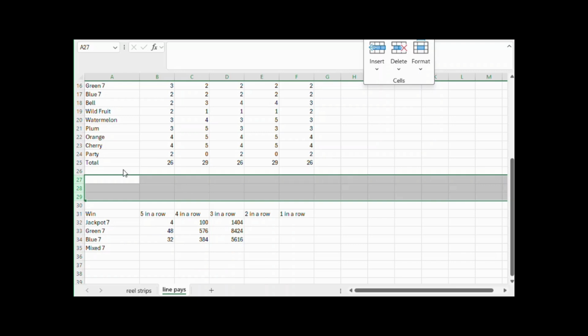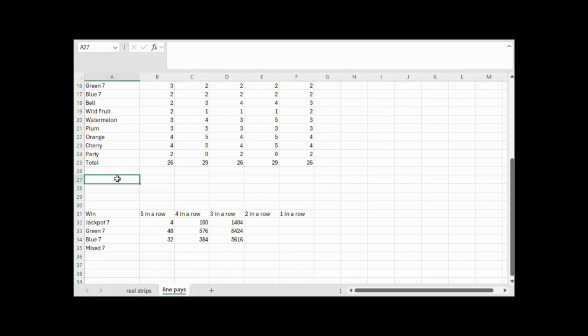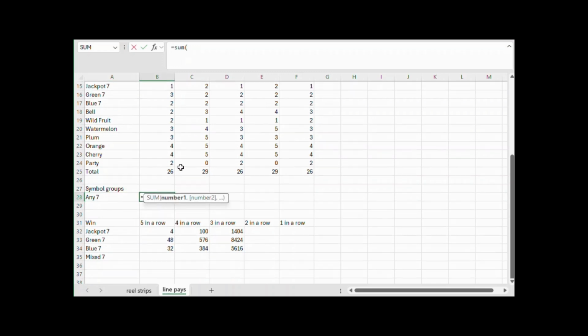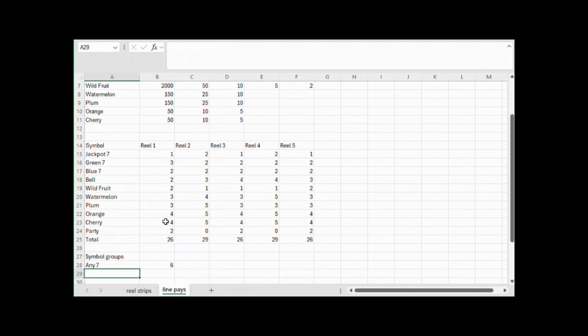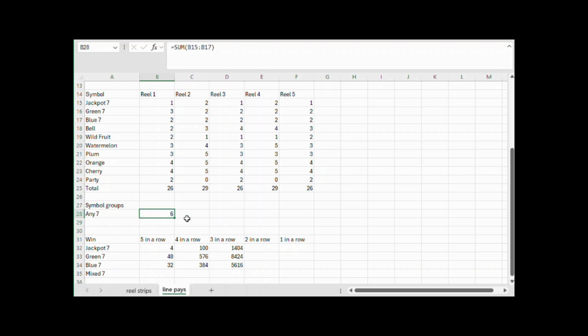And in one of them, I'll put in this title here for symbol groups. So one of them will be any 7. And for that, I'm going to add up the number of occurrences of the Jackpot, green and blue 7s. I'm going to copy and paste that for all 5 reels.